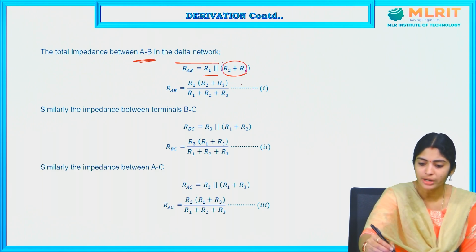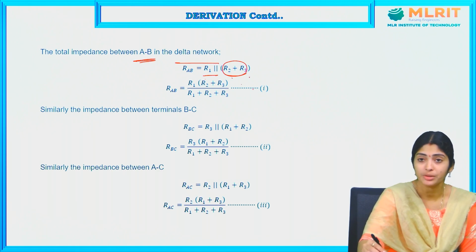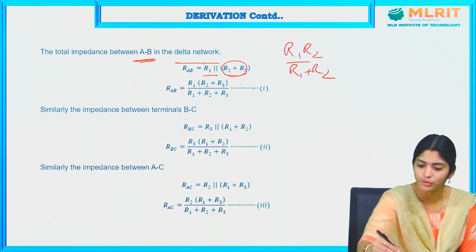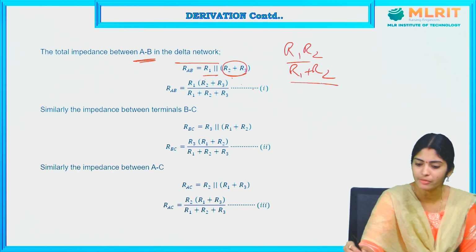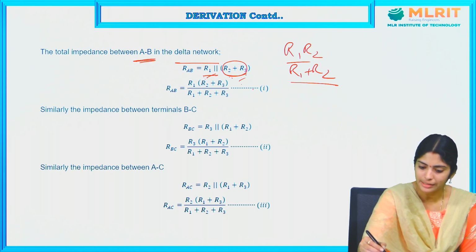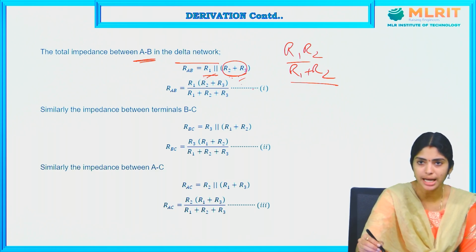So R1 parallel to R2 plus R3: first we multiply R1 into R2 plus R3, divided by R1 plus R2 plus R3. So RAB is equal to R1 times (R2 plus R3) by R1 plus R2 plus R3.